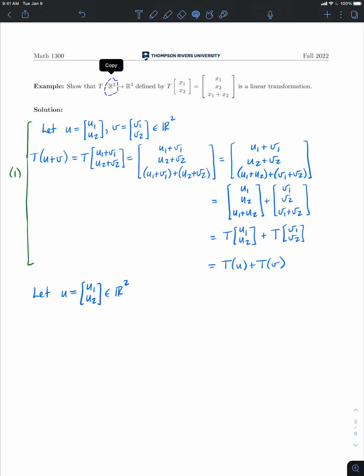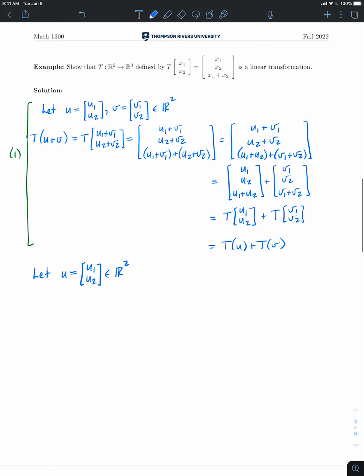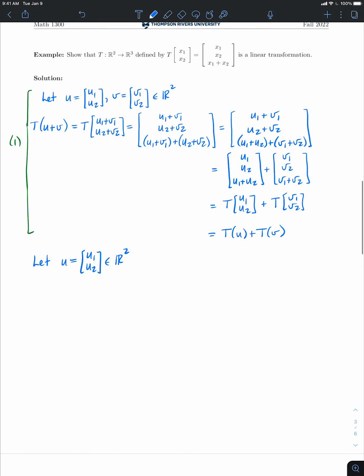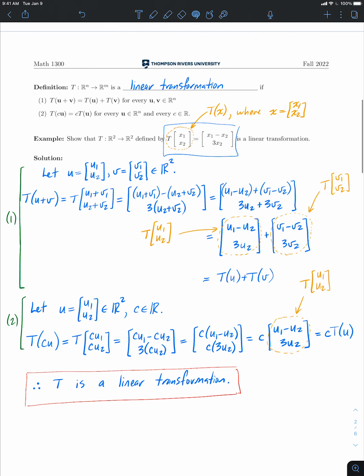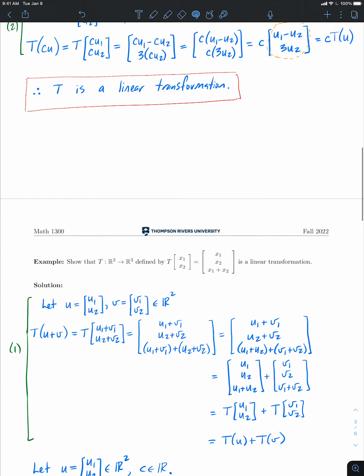If the domain were R4, then these vectors would all have 4 coordinates. But in this case, our domain is R2, so we have 2 coordinates for our vector u. But then we also need a scalar for this second condition, because we're trying to show that t of c times u is equal to c times t of u for every vector u in the domain and for every scalar c.